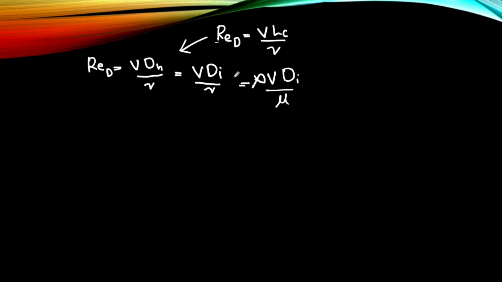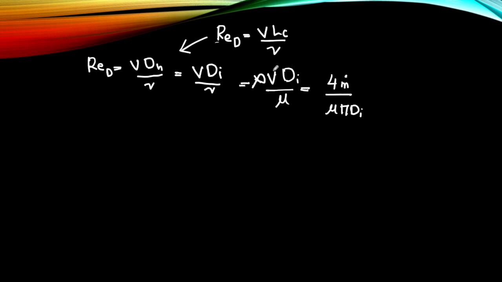Actually there is another form, where you do not want to calculate the velocity of the flow. Therefore you may use the equation 4 m dot divided by mu pi D. Actually this equation is the same as this, because if we want to calculate the velocity, we have to get the value of the velocity from the mass flow rate.